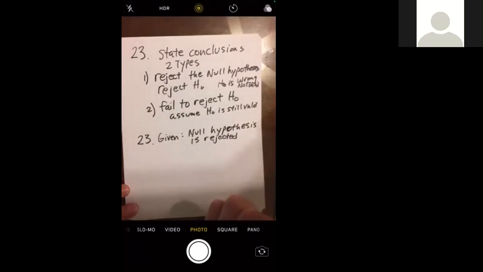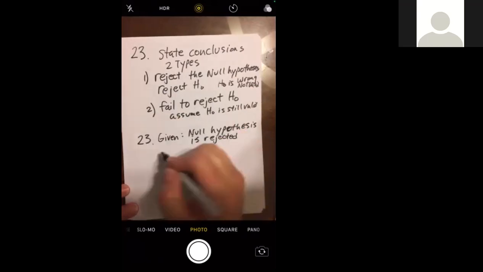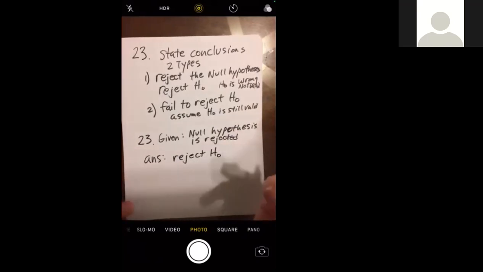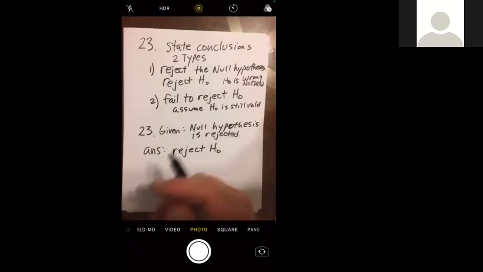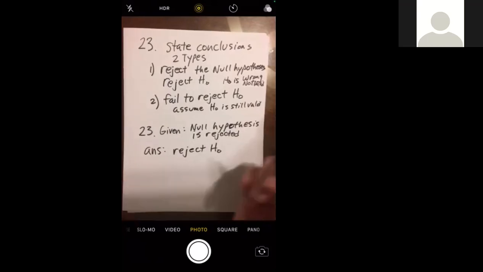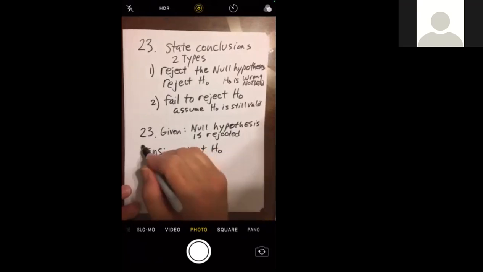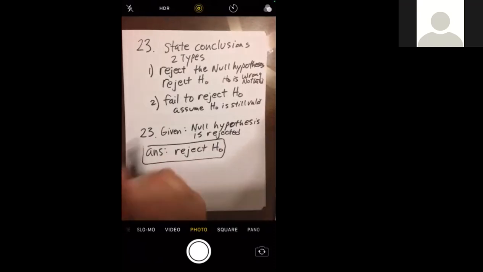Do you want to take a stab at which one it'll be? So it will be the first one. Yes. Answer: reject the null hypothesis. It's almost like going in circles, like they've given you the answer in the problem. But hey, I didn't write the book. You see how babyish this is? Okay. Well, enjoy some easy problems while they last.